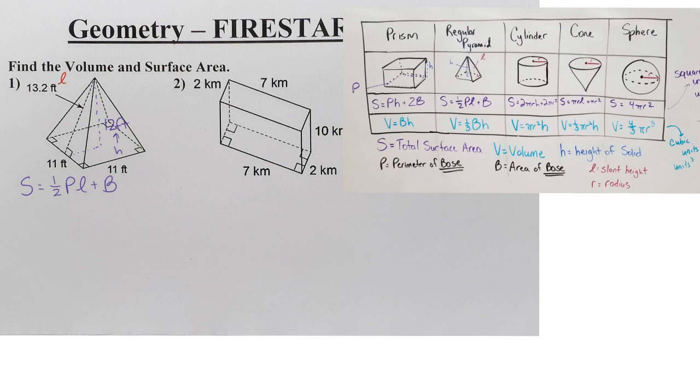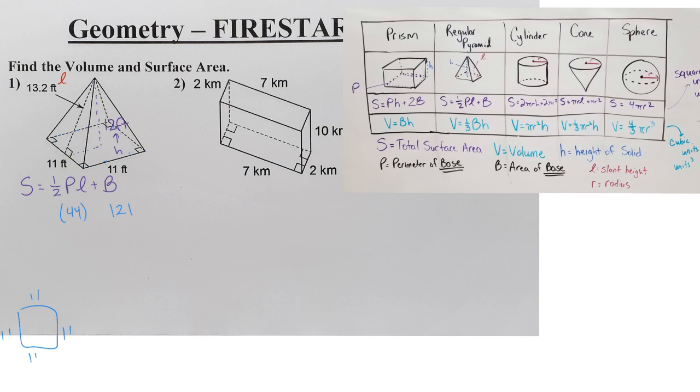So the bottom is a square. So if I took out this piece right here, right? If I took out this square right here from like last section, the perimeter of the square is 44. So I know that's 44. The area of it is length times width is 121, or side squared.